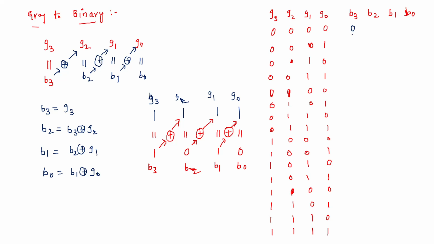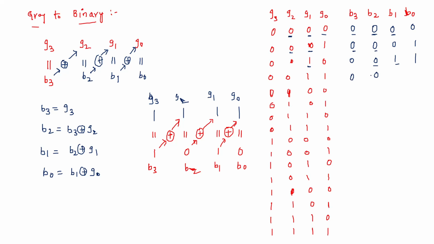Then B3 XOR with G2: 0 XOR with 0 is 0. Again 0 XOR with 0 is 0, and 0 XOR 0 is 0. Then 0 XOR with 1 is 1, because 0 XOR with 1 is 1 and 1 XOR with 0 is 1, and 0 XOR with 0 is 0.